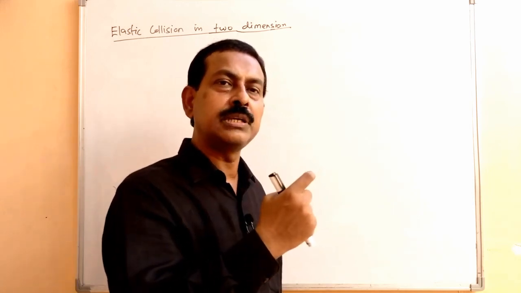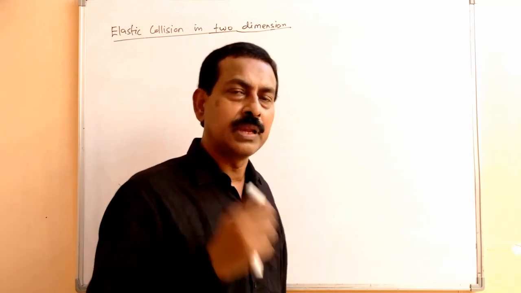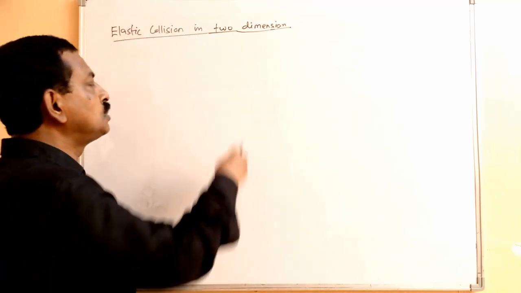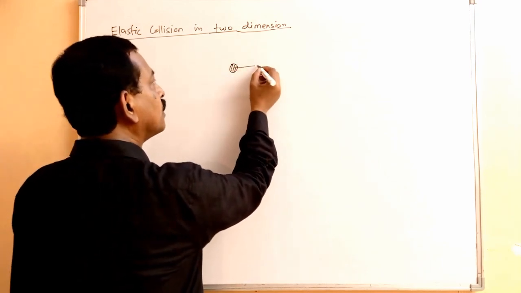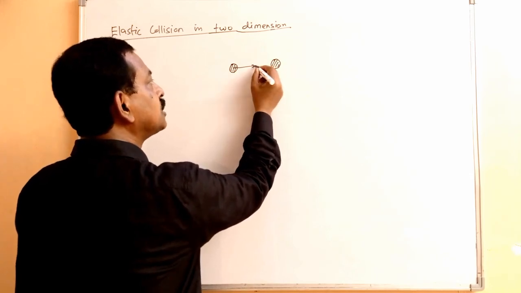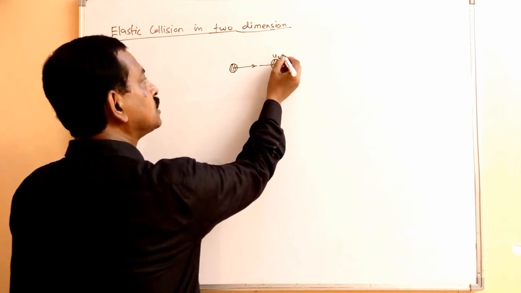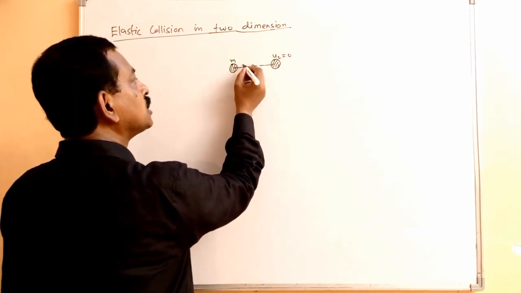After elastic collision, what is the angle between the velocity of the two bodies? Now here, there are two ways in which we can do it. Suppose you have one body moving and this is another body which is at rest. This is at rest, this is m and it is moving with velocity say u1.